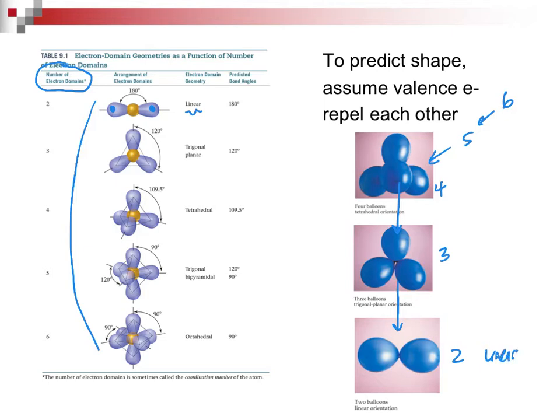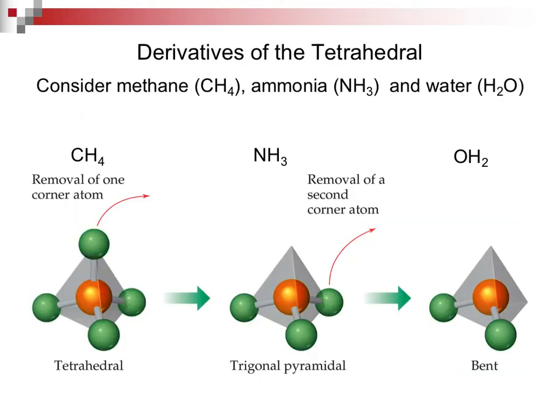You will see this is linear, this is trigonal planar, and the last one we abbreviate as TH, tetrahedral. Most of the things you're going to encounter in our class are going to be 2, 3, or 4 electron domains. In inorganic chemistry, there are a lot of 5 and 6 electron domains. Actually, the hemoglobin that transfers your blood is going to have 6 electron domains.